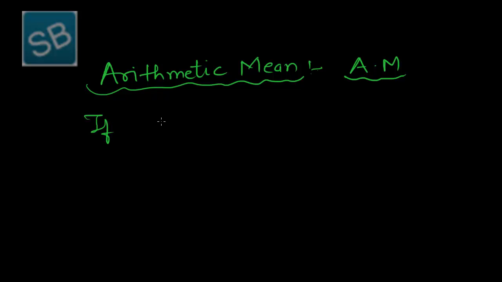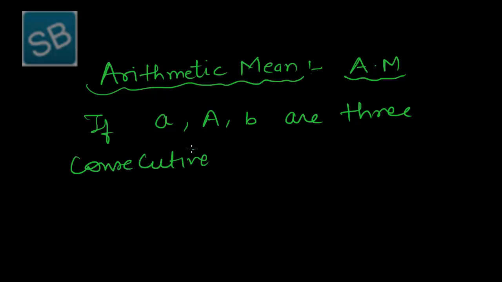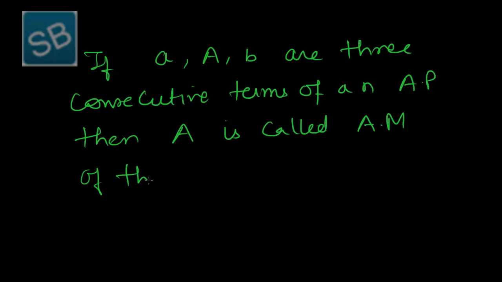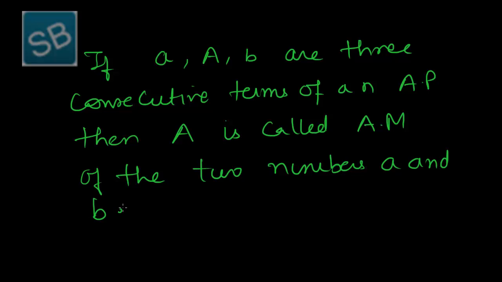If a, capital A, b are three consecutive terms of an AP, then capital A is called the arithmetic mean of the two numbers a and b.